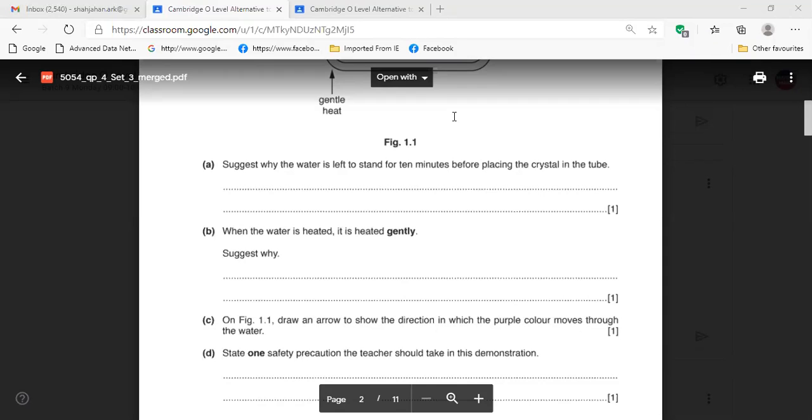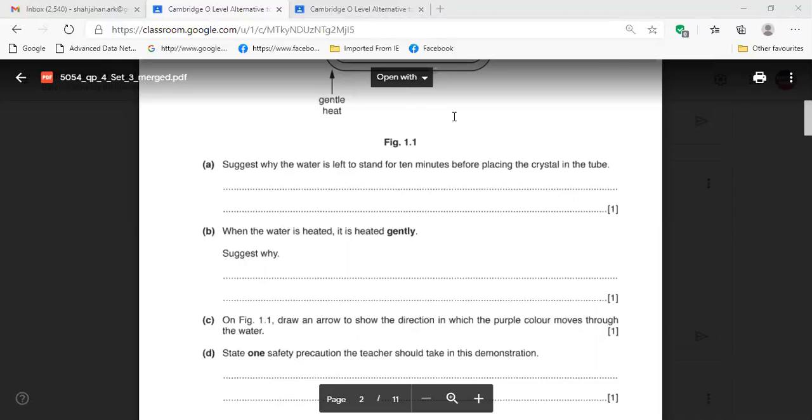In the other way around, if we heat it gently, it allows the color to move slowly, and we'll be able to see the convection current clearly. This way you can write anything.